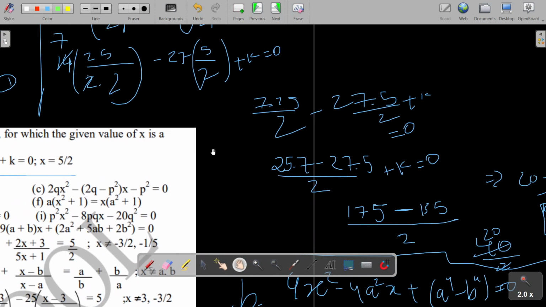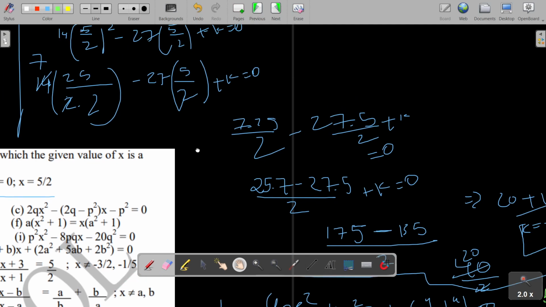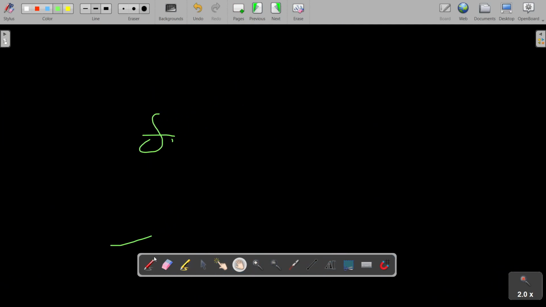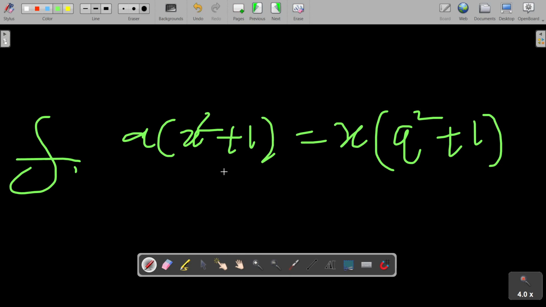Problem F is a into x squared plus 1 is equal to x into a squared plus 1. Nice problem. Remember, if anything is given like this, you need to remember the general form.